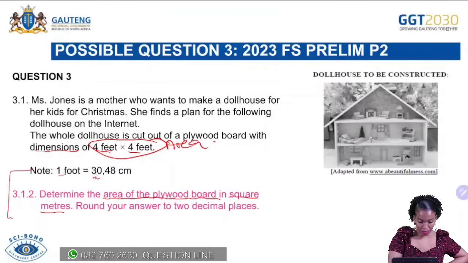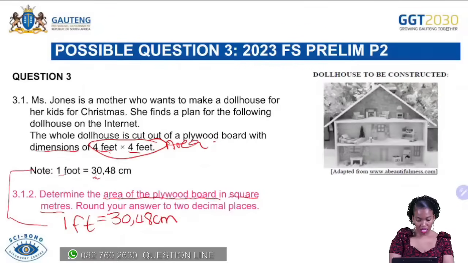Let's try it. That 1 foot, it is equal to 30.48 centimeters. And then if you want to know how many centimeters are there in 4 feet, we can make a question mark, and then let's cross multiply.